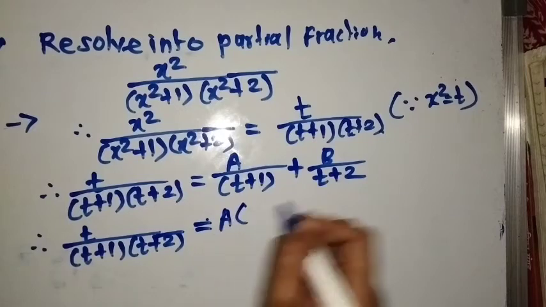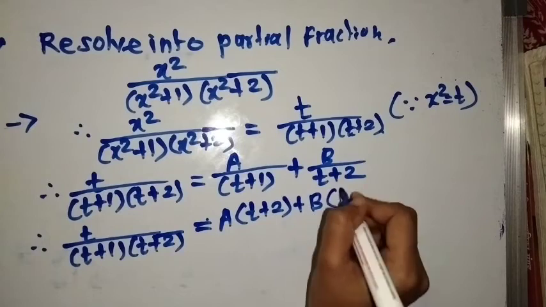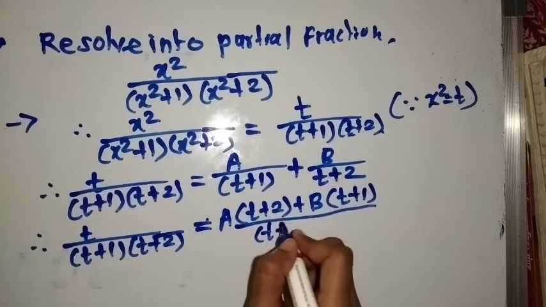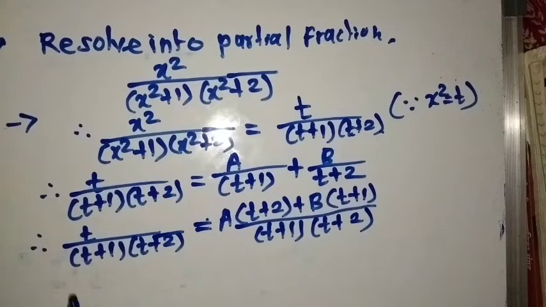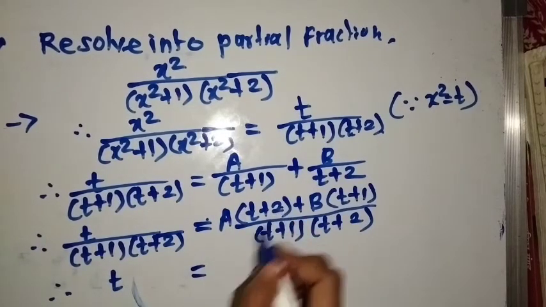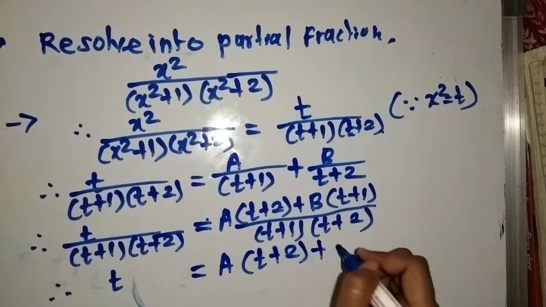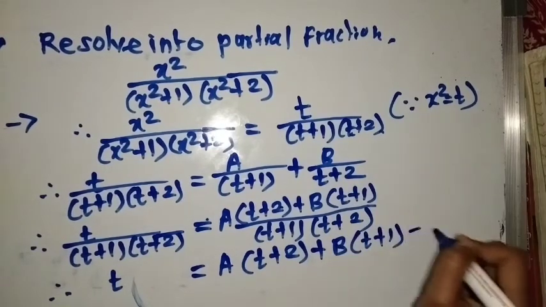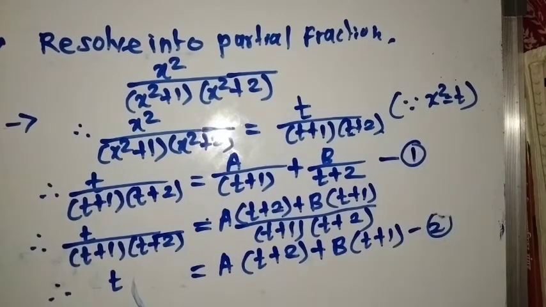Then a into t plus 2 plus b into t plus 1 upon t plus 1 into t plus 2. Hence we get t is equal to a into t plus 2 plus b into t plus 1. This equation is the second equation and the earlier equation is the first equation.